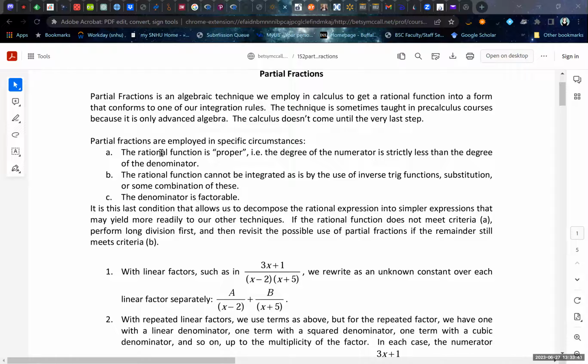So to start with, we have to start with proper rational functions. In this case, we need the numerator to be a degree strictly less than the degree of the denominator. If you are trying to do partial fractions and that is not the case, then this won't work.